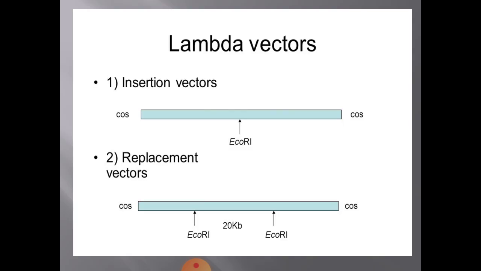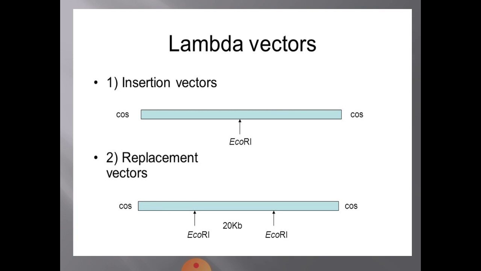Now what exactly is done is this molecule is given EcoR1 and digested. So there are two cuts being produced and that 20 kb of non-essential region of the genome of phage DNA is removed.